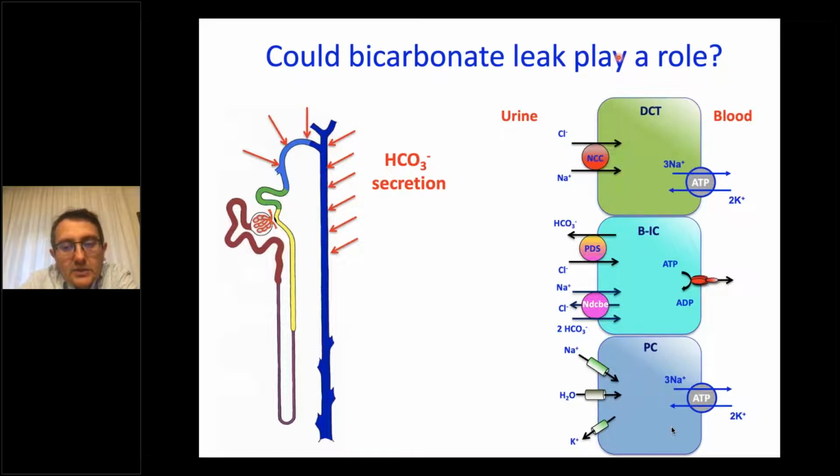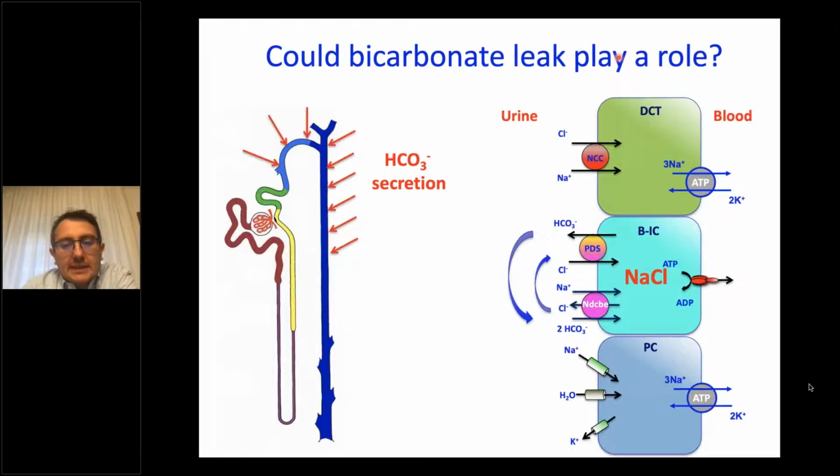It's called sodium-dependent chloride bicarbonate exchanger, so NDCBE. Basically, these two work together by recycling the bicarbonate secreted by pendrin. Sodium and chloride can be reabsorbed, and this is thiazide sensitive. So basically it means that when we apply thiazide, this transporter is shut down.